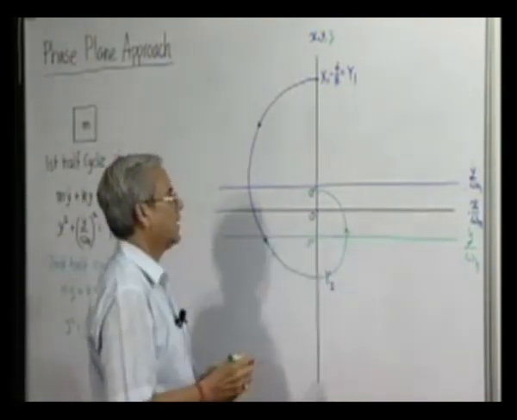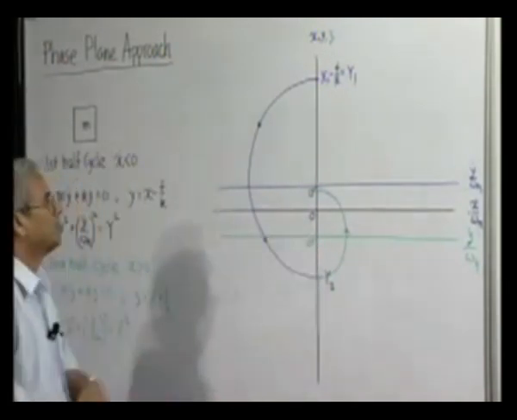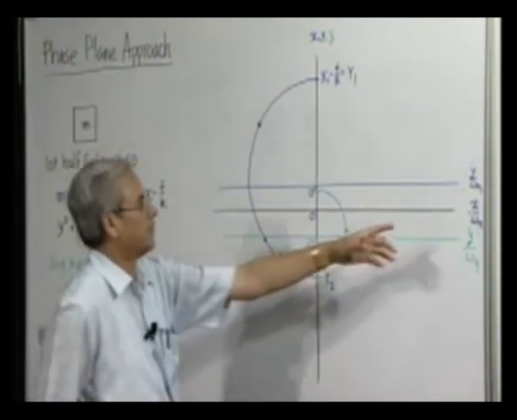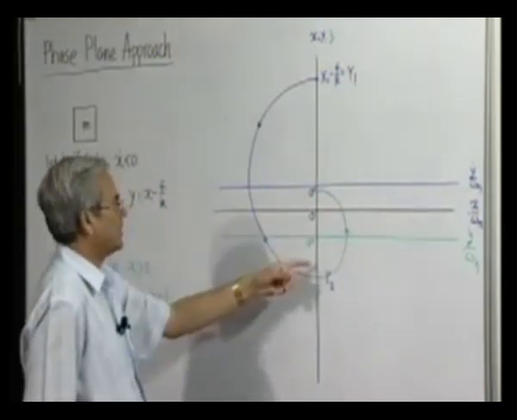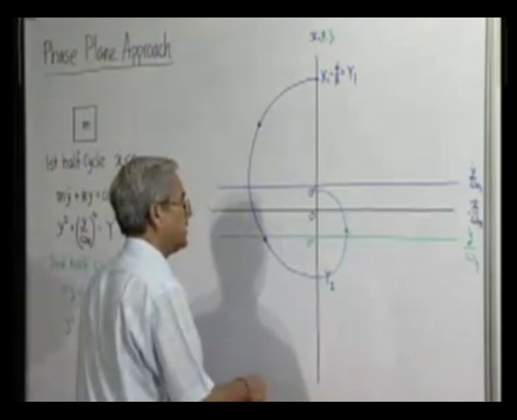So it will go there, and now we find that the mass has stopped with velocity 0. All the velocities are 0 here, and it is within this band of f by k.